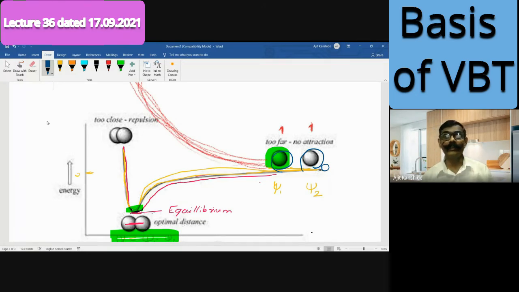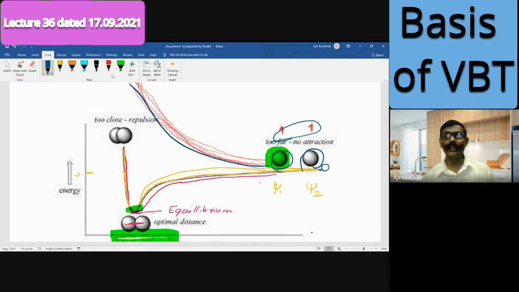So at the beginning, the attractive force remains dominating, and afterwards, at short distances, the repulsive force dominates. These are the cases where the electrons are with opposite spins. But if electrons are with the same spin, then the energetics will be different. The potential energy curve will increase, and there will be no bond formation.